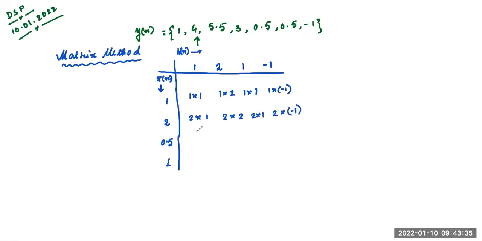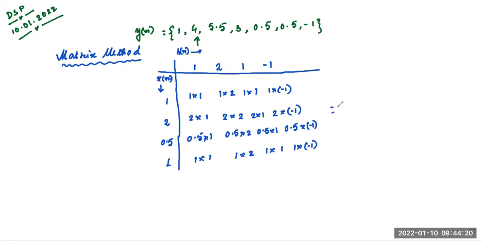Next, 0.5 into 1, 0.5 into 2, 0.5 into 1, and 0.5 into -1. And the last one is 1 into 1, 1 into 2, 1 into 1, and 1 into -1.